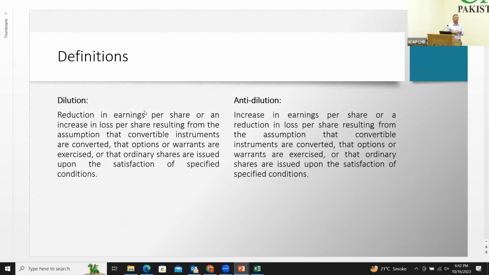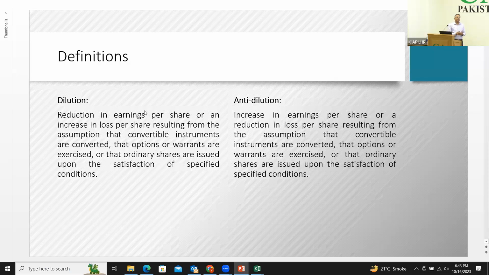If they are anti-dilutive, like purchased call options or purchased put options. A purchased call option means the entity has the right to exercise. When will the entity exercise the right? When it's beneficial to the entity. And when it is beneficial to the entity, it's anti-dilutive.